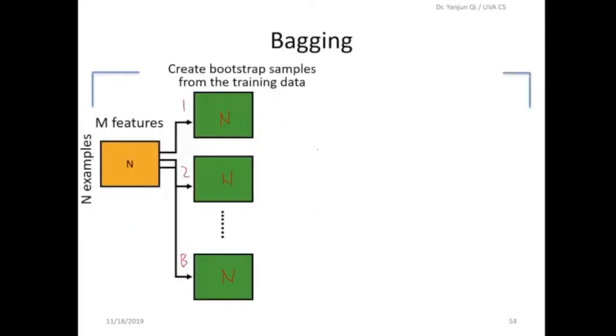All right, then it's very easy. From that training set with n samples, you get the first bootstrap sample, which has size n, then a second bootstrap sample of size n, and so on and so forth. You get B bootstrap samples from your training data.